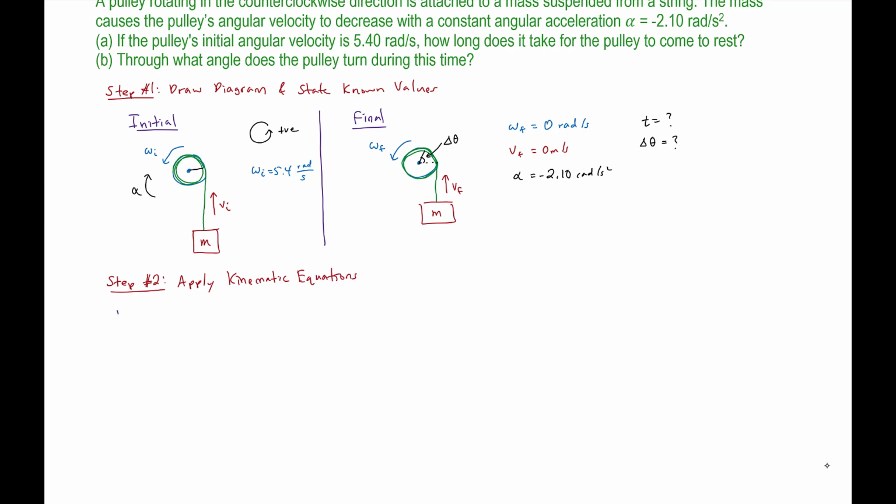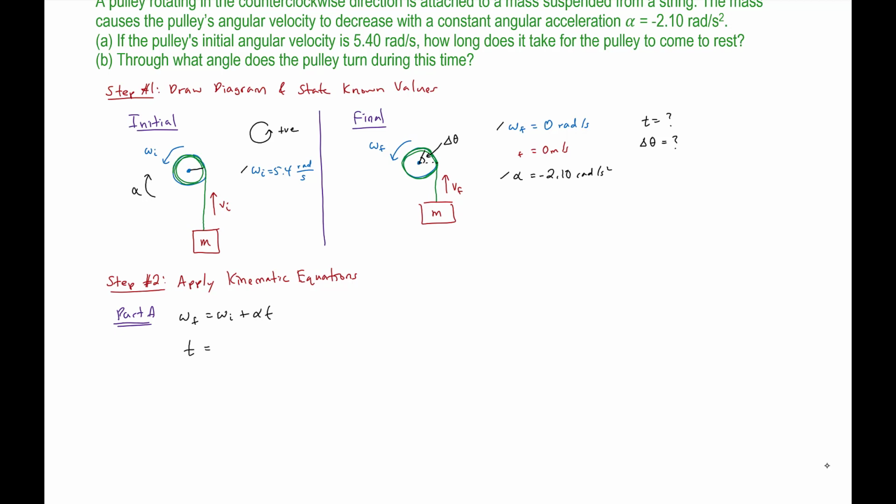So let's start with part A. We're asked to solve for the time it takes for the pulley to come to rest. We have 3 parameters, so as soon as we have 3 parameters, we can pick the right kinematics equation to solve for t. So I do have omega f, omega i, and alpha in the rotational world, which means I can solve for omega f equals omega i plus alpha t.